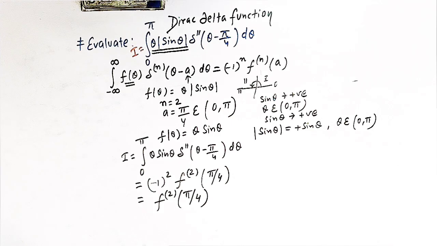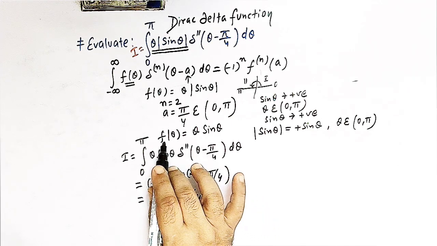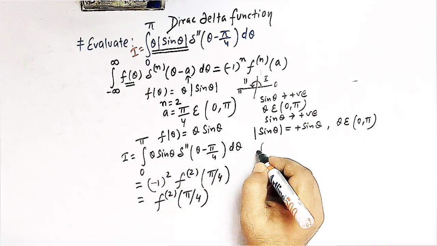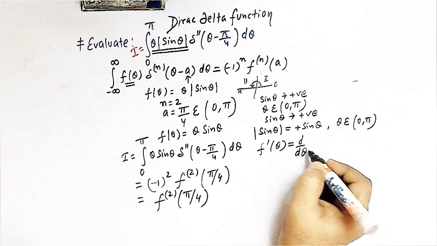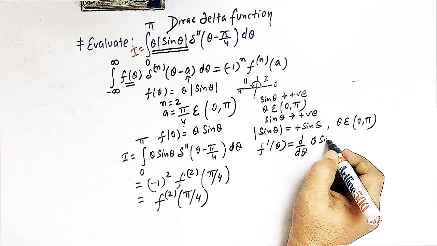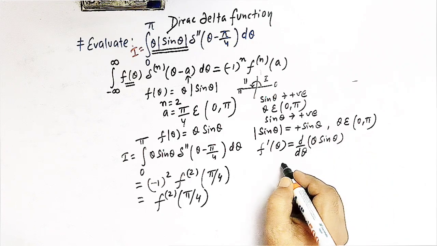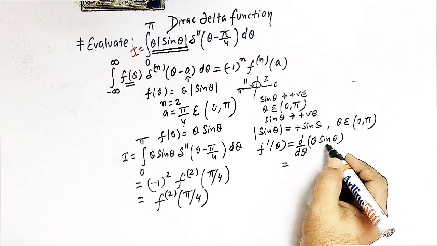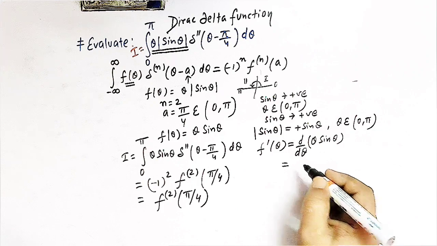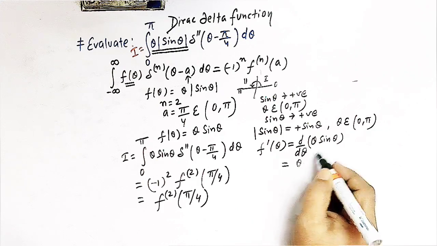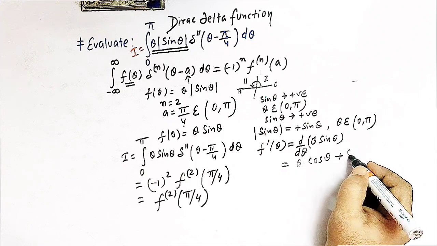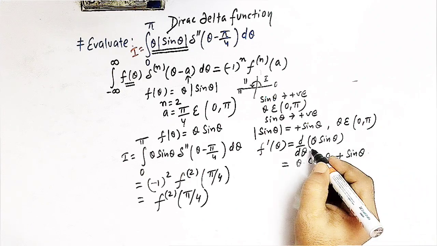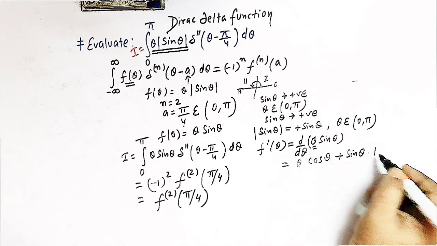So now let us differentiate f of theta. So f prime of theta is d by d theta of theta sine theta, and here we can use the product rule for differentiation. So we have theta, the derivative of sine theta is cos theta, then we have sine theta, and the derivative of theta is 1, right?